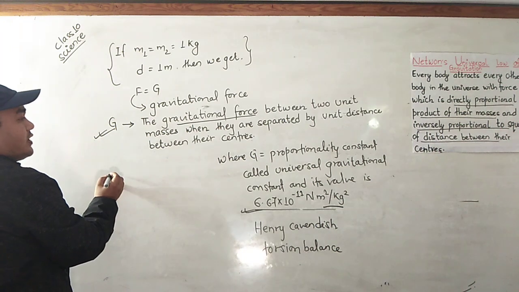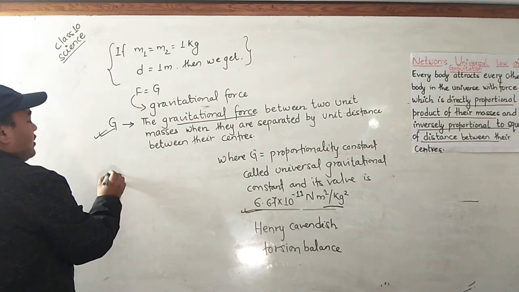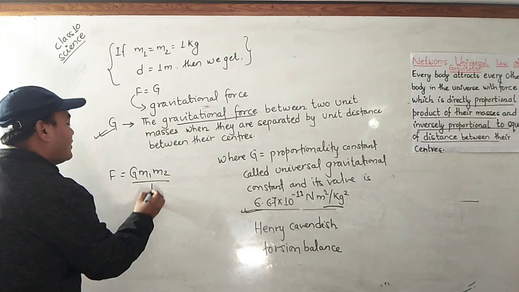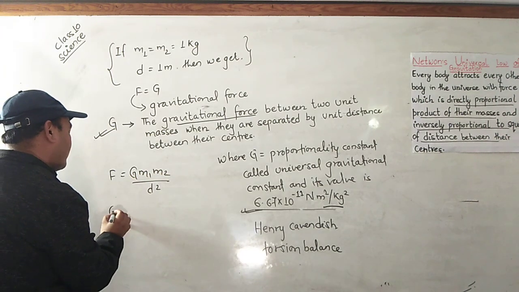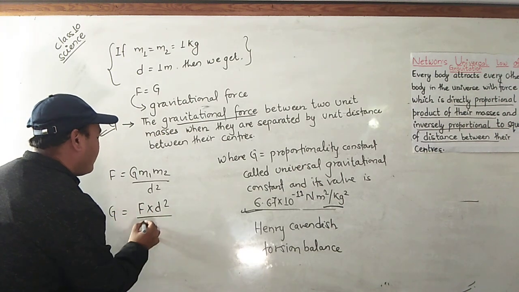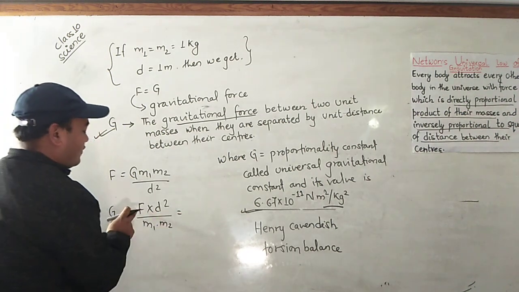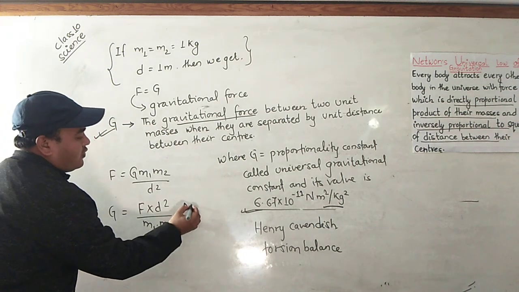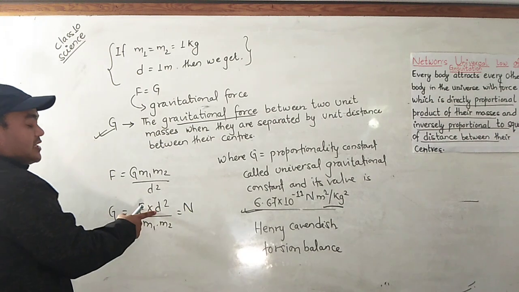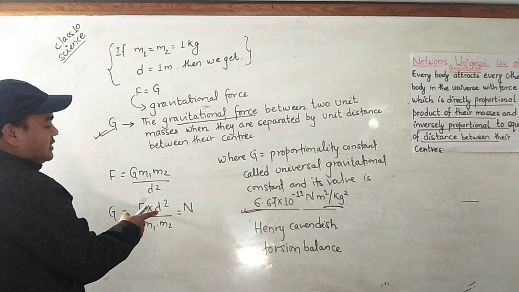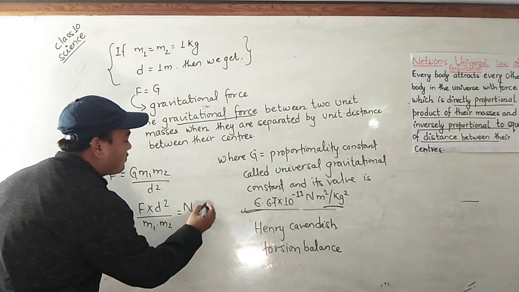So if you forget the unit of capital G, then take the relation F equals G m1 m2 divided by d square and solve for G. G is equal to F times d square divided by m1 times m2. Now remember, the SI unit of force is Newton, and distance is measured in meter; when it is squared, it becomes meter square.